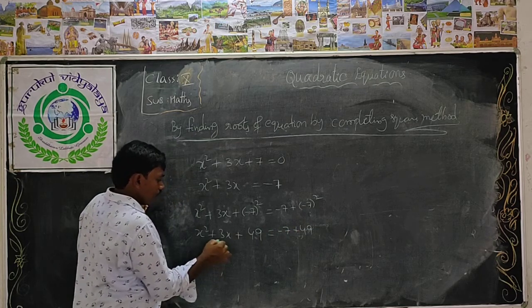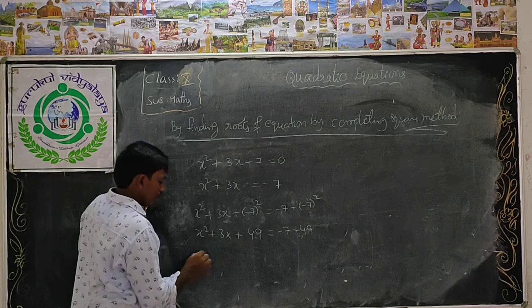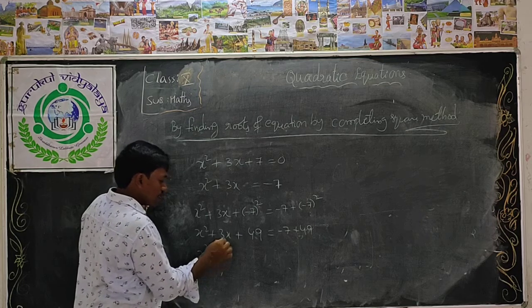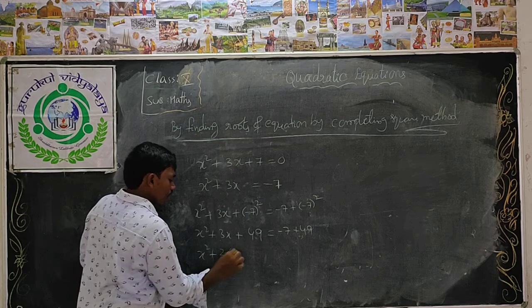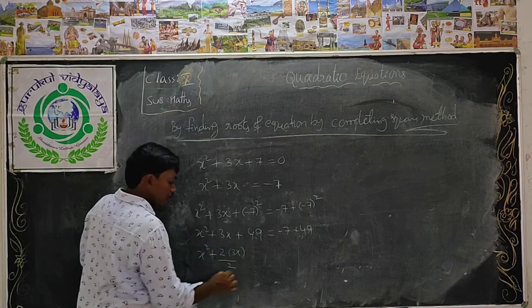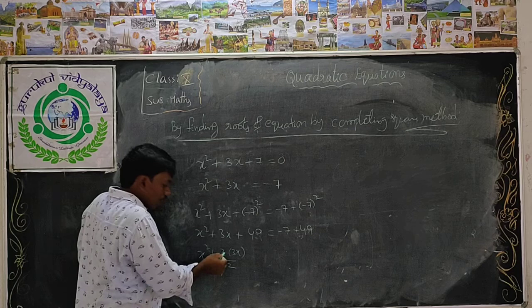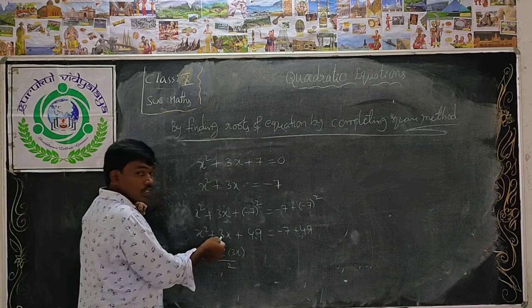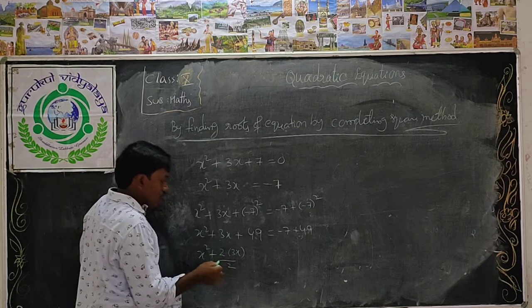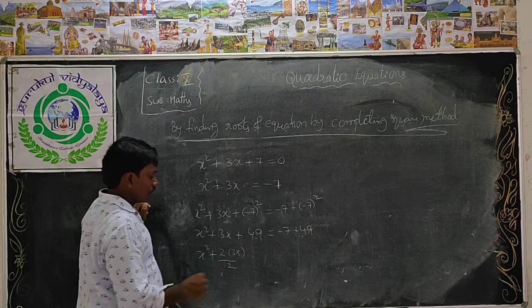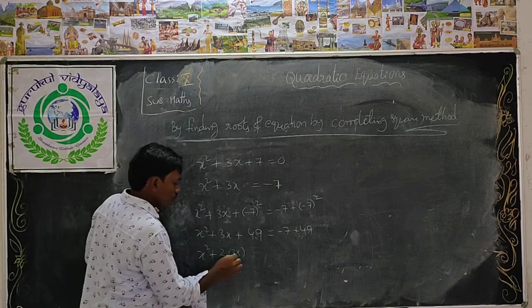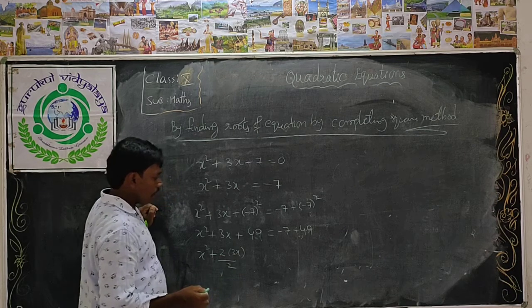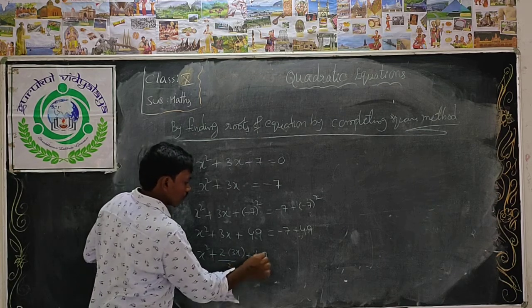Again this one, see, this one will be x square plus 3x. Multiply with 2 and divide with 2, 2 will be cancelled. I will change it as 2ab, plus 49.